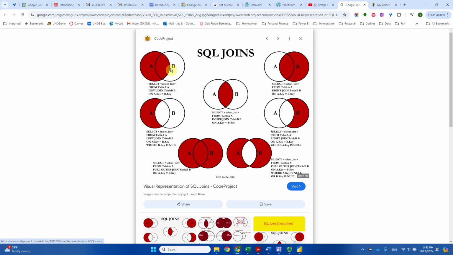So A and B will overlap. There's an overlap between A and B. That's basically the European countries. All right.